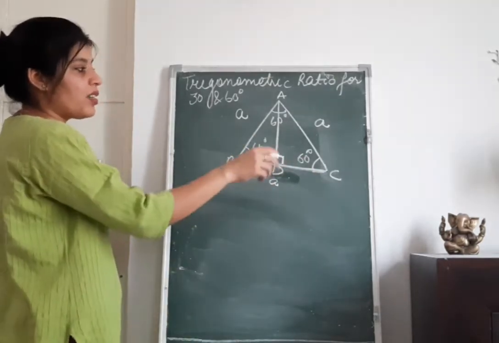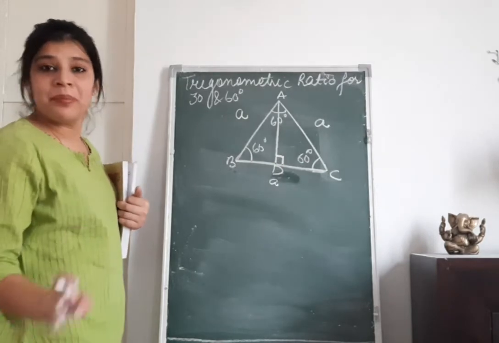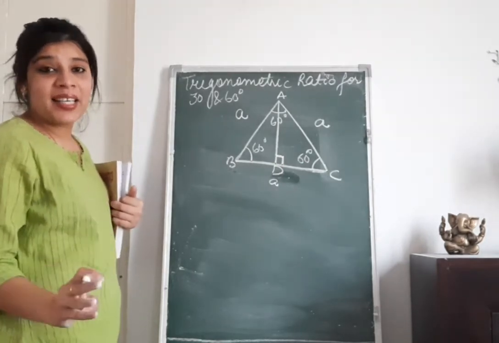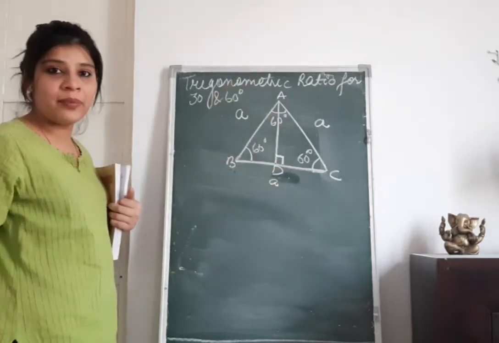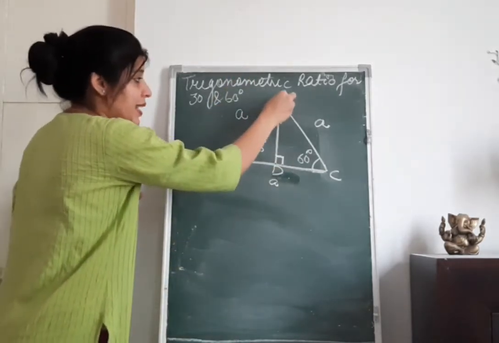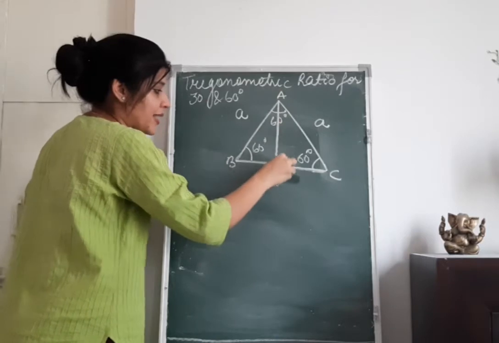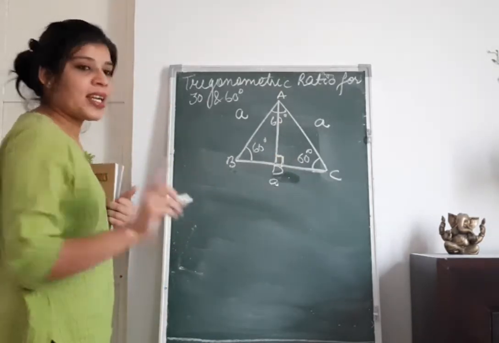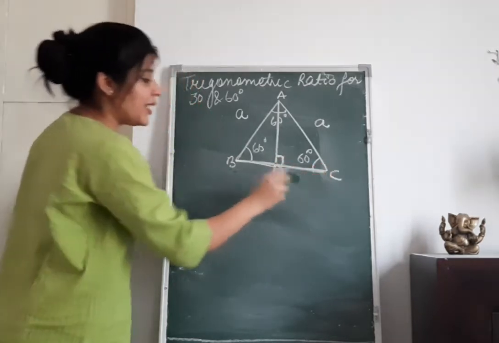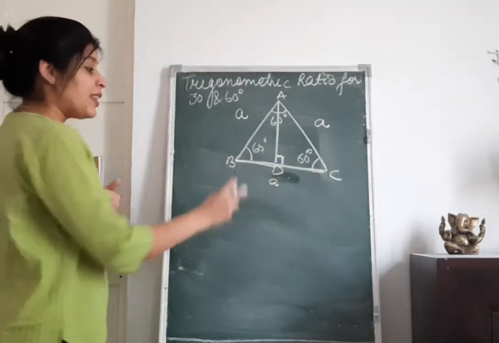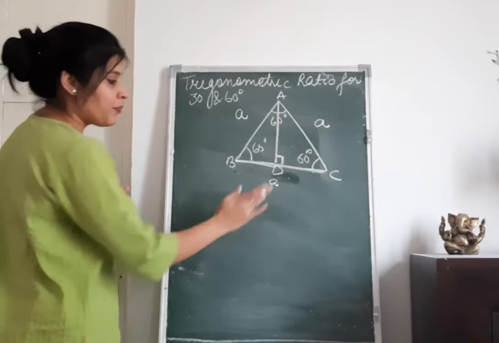Because in an equilateral triangle, median, altitude and perpendicular bisector all are going to pass through the same line, right? So I can say that if AD is a perpendicular bisector and as this is an equilateral triangle, therefore it will divide BC into two equal parts. Therefore BD will be equal to DC.